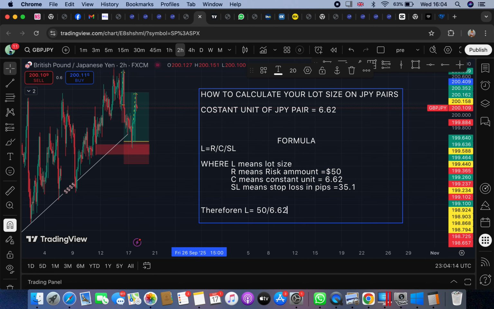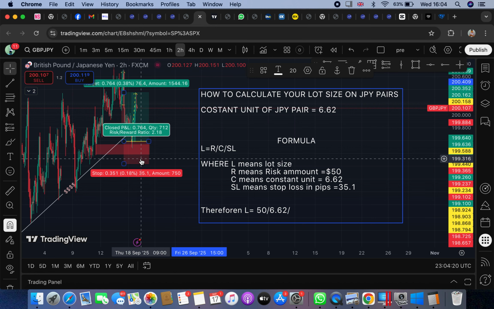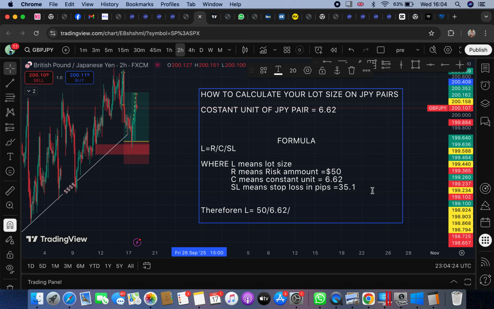Then divided by SL, the stop loss in pips that we got from here. For the sake of this video, that is 35.1.